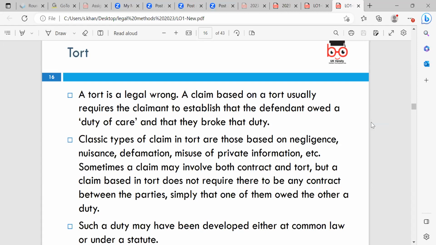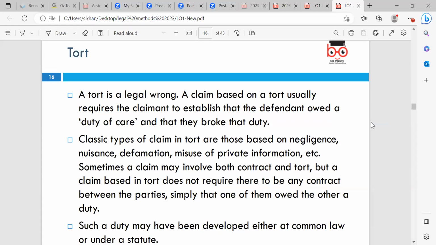Yeah. If you break that duty, you have broken your duty of care. And then there's a claim there for negligence. Classic types of claim in tort are those based on negligence, nuisance, defamation, misuse of private information, etc.